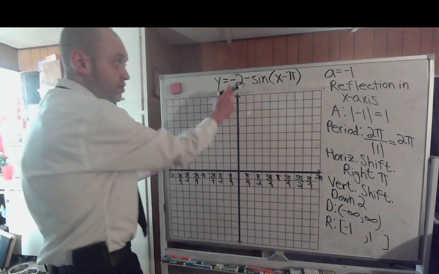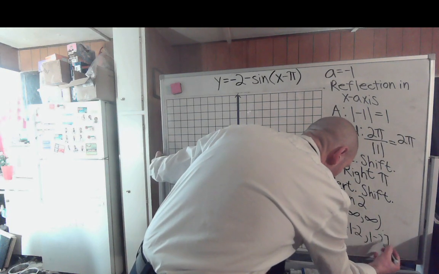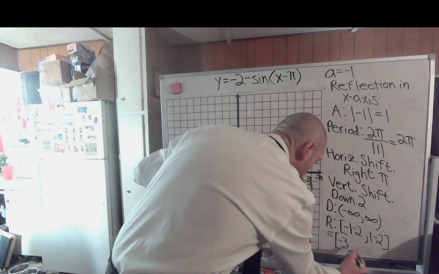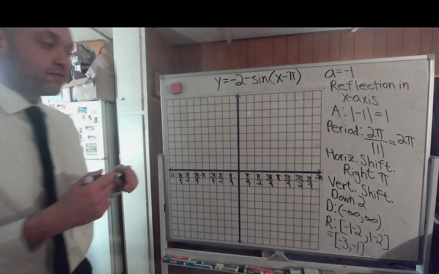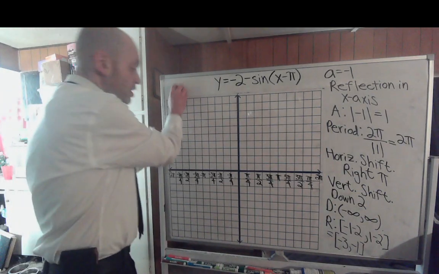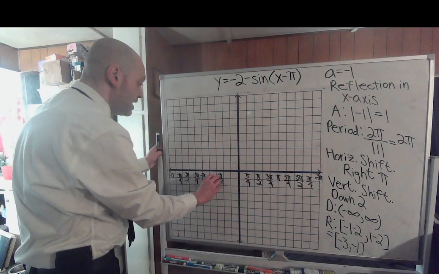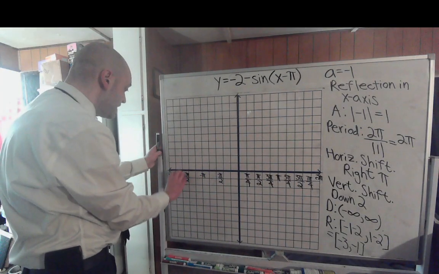However, you have a vertical shift down 2 units, so you got to subtract 2 from each of your range values, which means your new range is -3 to -1. So you're going from -3 to -1 for your range. All right. Here, I tell you what, we're only going to worry about the pi over 2 units since we're shifting a whole pi. We're shifting a whole pi, so this isn't going to be so bad.